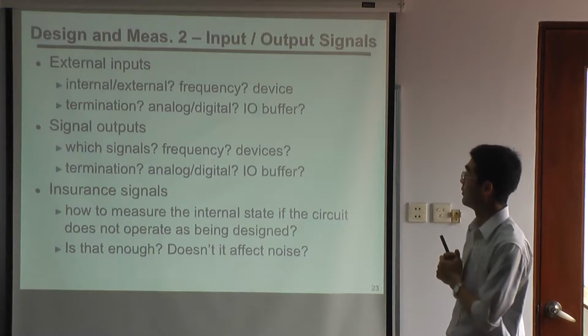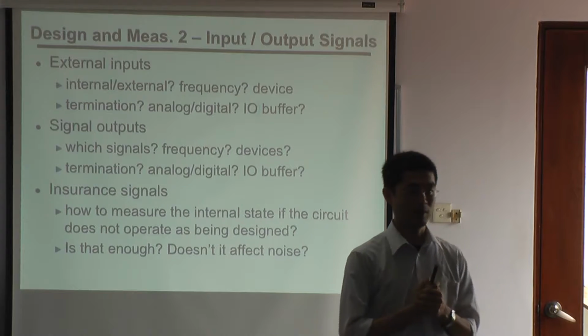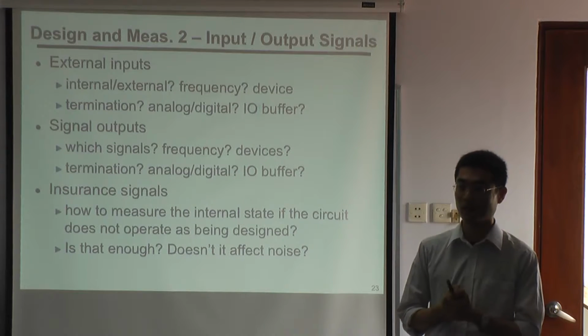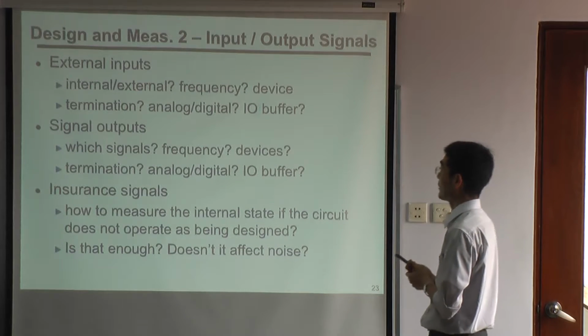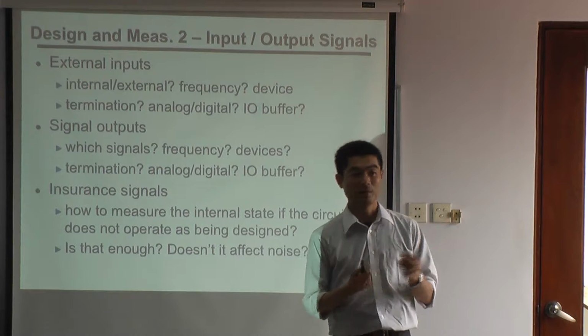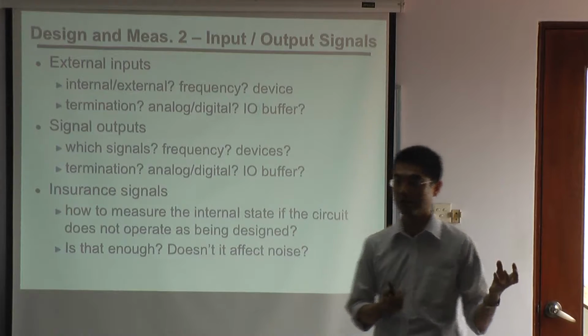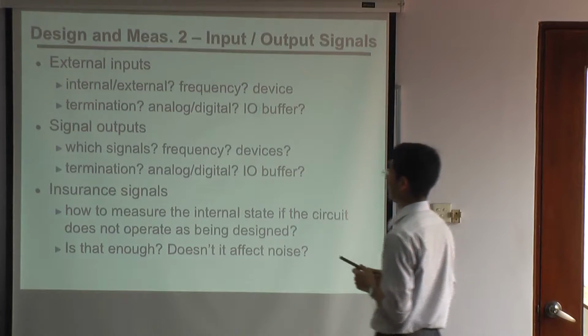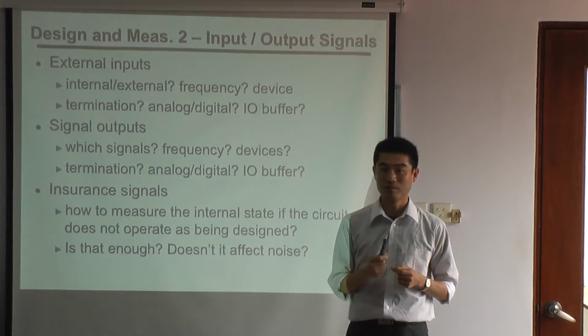And other things we have to consider are input and output pins. What kind of input pins we have and what kind of output pins we have. And for the external pins, that means we input the signal from external devices, what is the frequency of the pin?